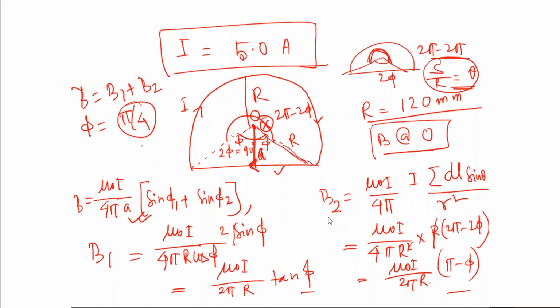Just remember that from this chapter onwards, there are 3-4 chapters from where JEE Main, JEE Advanced, and even the NEET exam will have many questions: this magnetic effect of current, then magnetic material, then induction, electromagnetic theory, and the AC part. So many questions will be there from here wherever you go for any competitive exam.